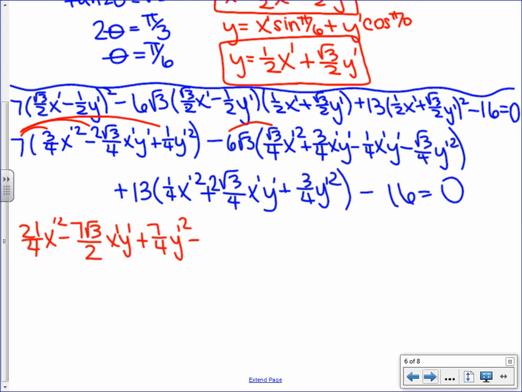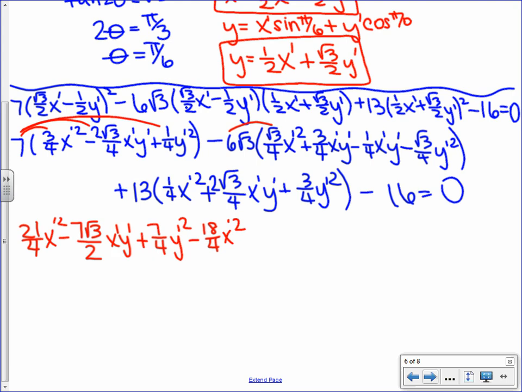Minus, what does that become? Okay, now I know that I could simplify 18/4, but look, x squared over here has a denominator of 4, so I'm just going to keep it as a denominator of 4.